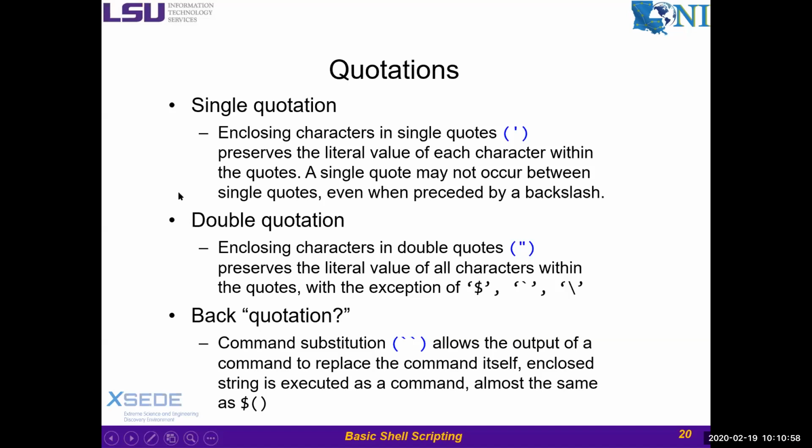Double quotation is called weak quotation. We'll explain why they are called that way. These terms are used to emphasize the functions of these quotations in Bash. The backtick quotation is different from the first two, and I will talk about that separately. Okay.